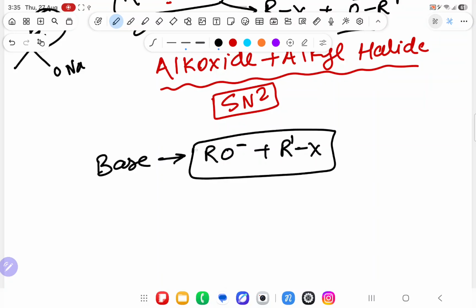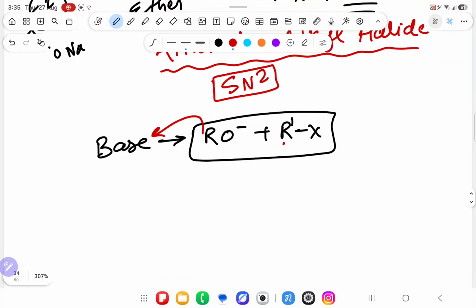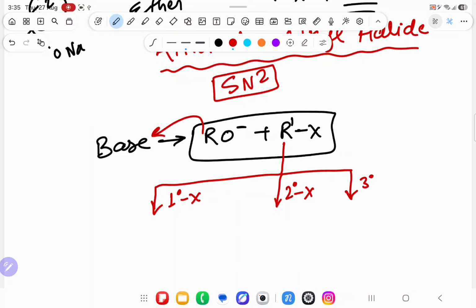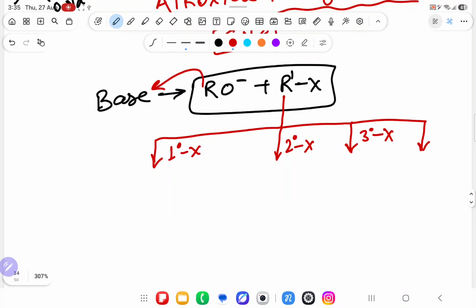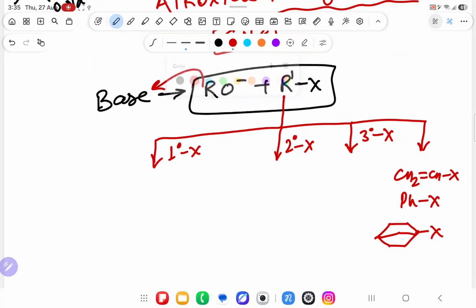Now this RO minus is the base. R'X can be 1 degree X, or 2 degree X, or 3 degree X, or something like CH2=CHX, or a benzene ring with X, or a bridgehead carbon with X. Now you know that the vinylic, phenyl or bridgehead halides will never do either E2 or SN2. So these are cancelled, these are gone.